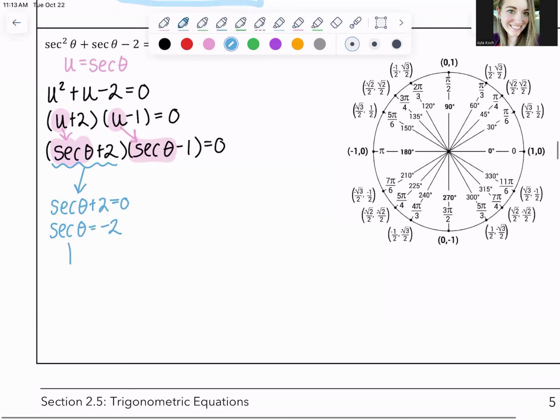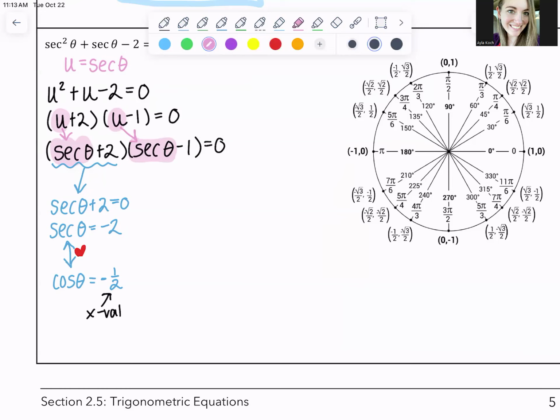I think about the soulmate, the forever best friend of secant, which is, let me draw the heart. The heart is really important. Cosine. Cosine of theta is the reciprocal of negative 2, so it'll be negative 1/2. Cosine represents x values, right? So we're asking ourselves, where is the x value negative 1/2 on the unit circle?